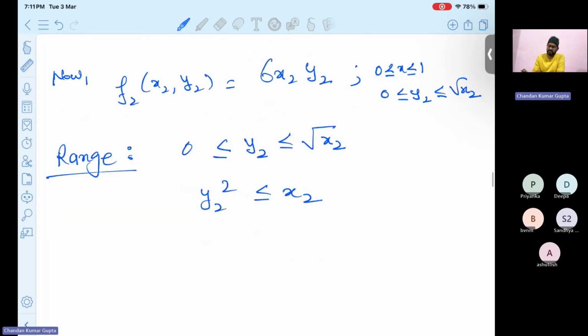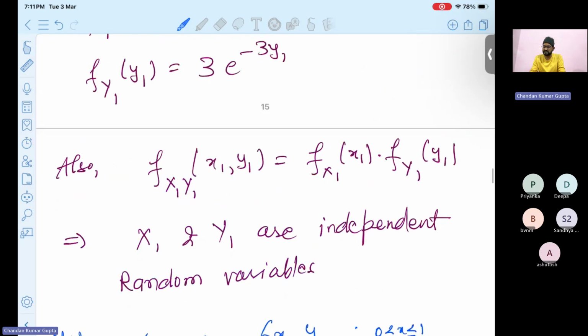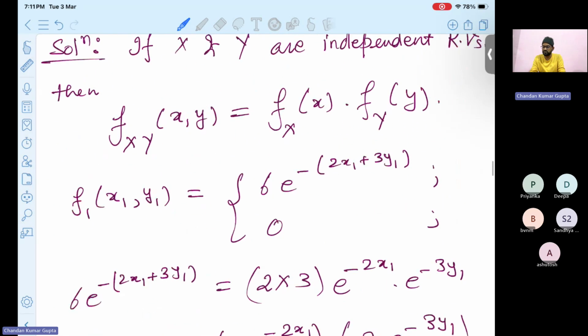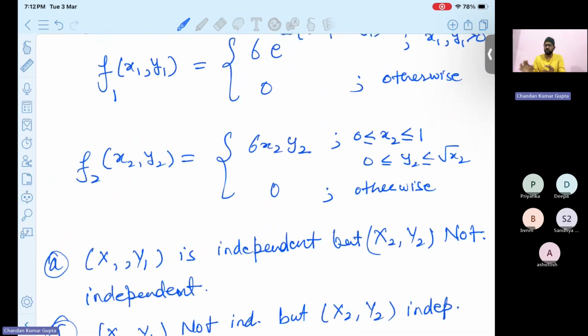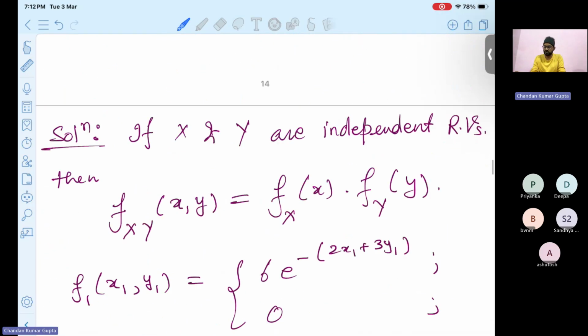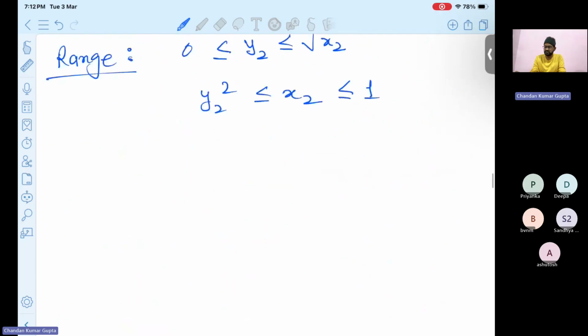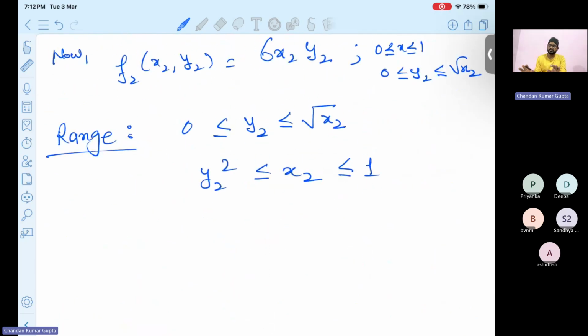Also x2 is less than 1, because x2 can take values from 0 to 1. Always remember the support so that you can write the correct support. So x2 lies within y2 squared to 1.